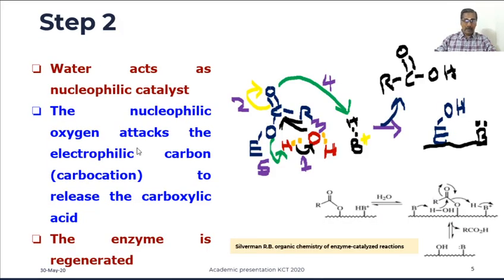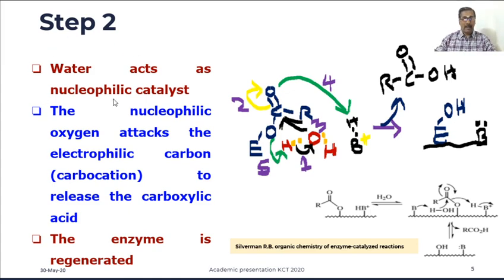Now in the second step I want to degrade this particular bond. The enzyme acyl should be degraded and the acyl group should be released as an acid. That is the second phase, which we call the deacylation phase.